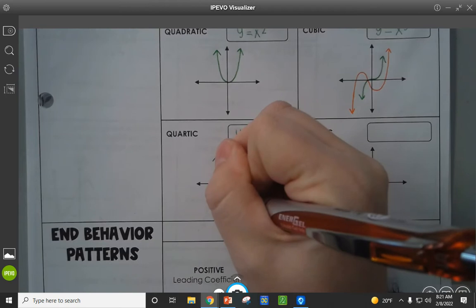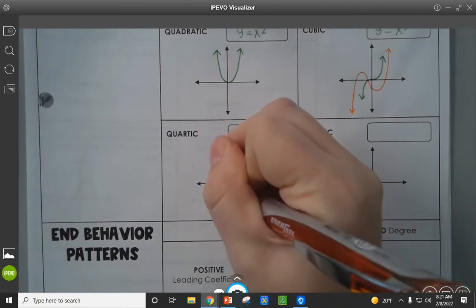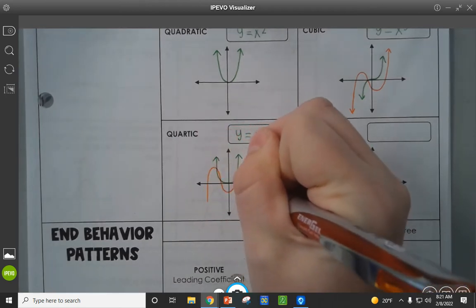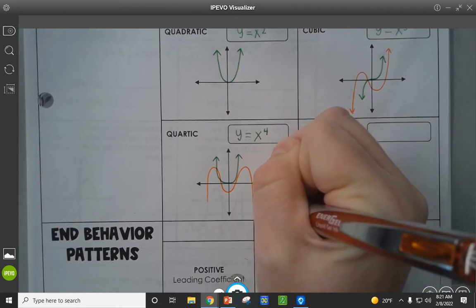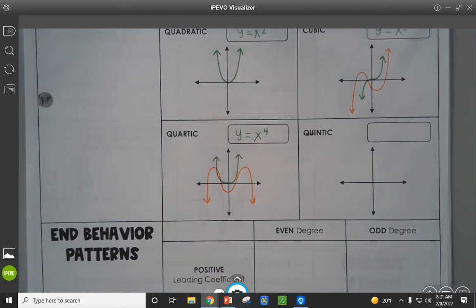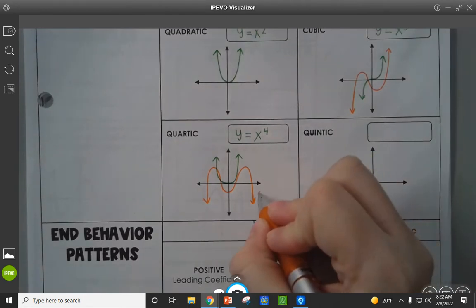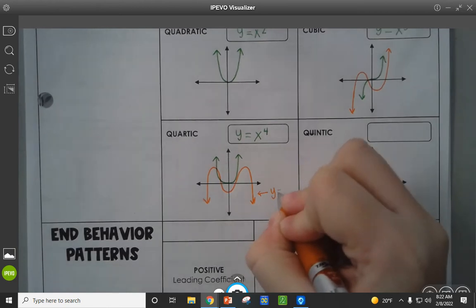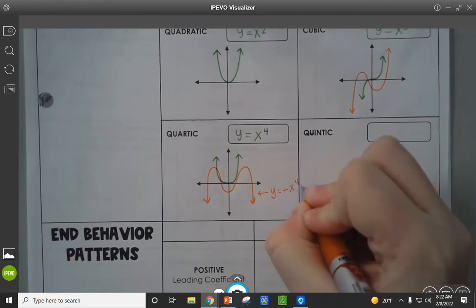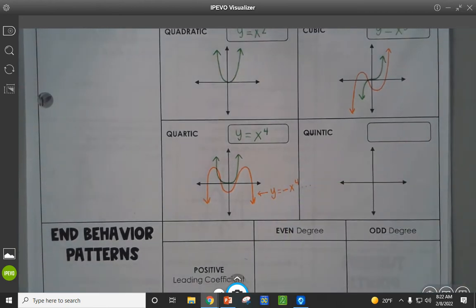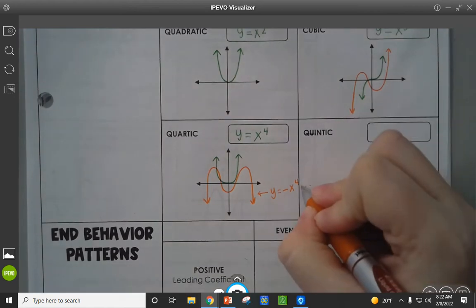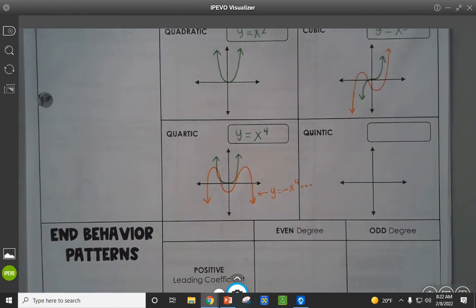But most of the time you'll see it look like this. Something like that. Or upside down, I probably should have done it upside down, actually. This right here would be y equals negative x to the 4th with something added onto it at the end because it's upside down.